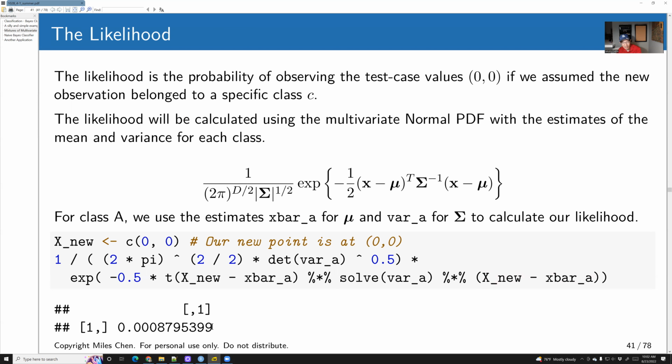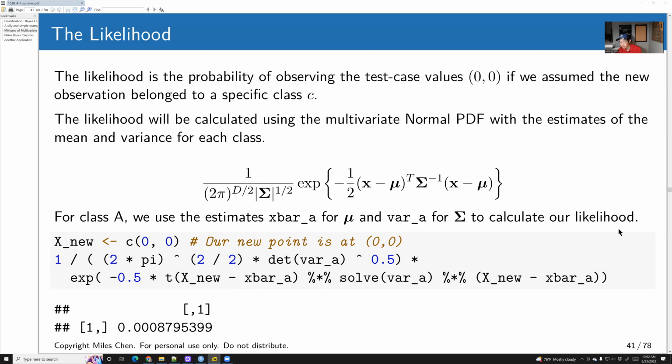If I go through all of this formula, I get the number 0.000879, a pretty small number. This is the likelihood, or the result of plugging our test case 0, 0 into the normal PDF.